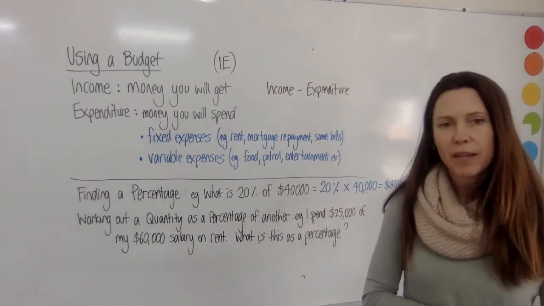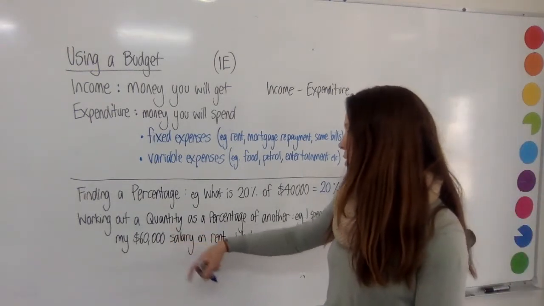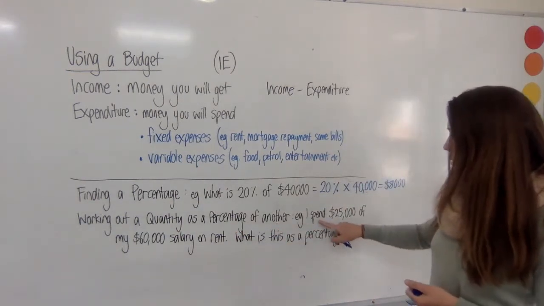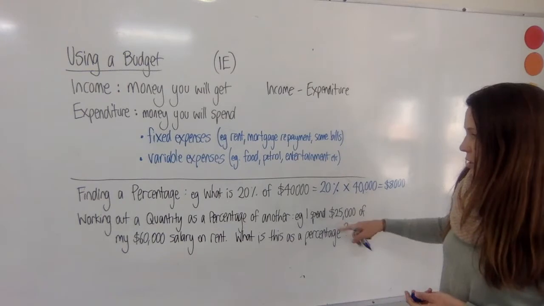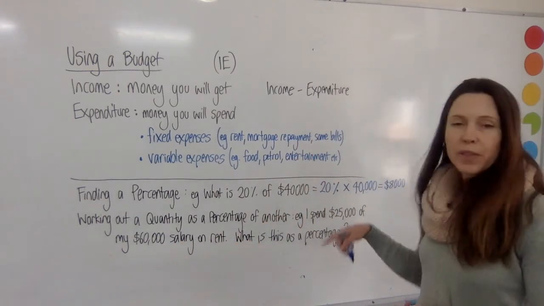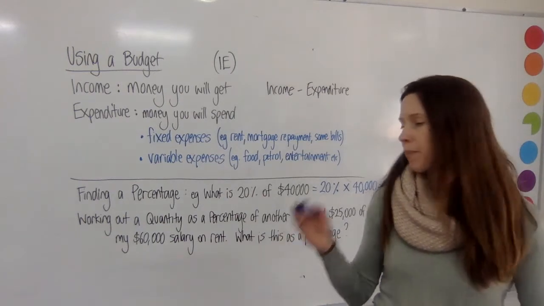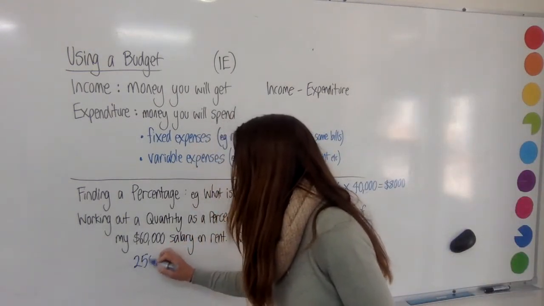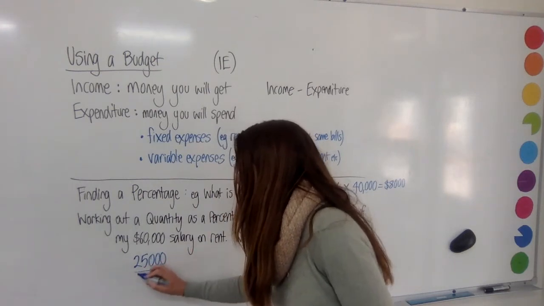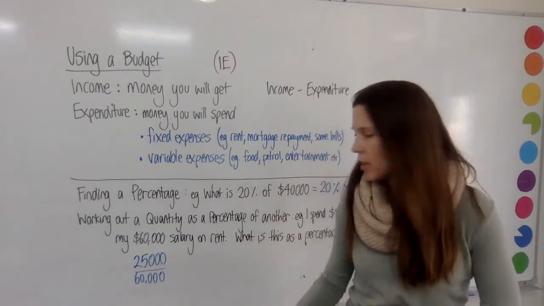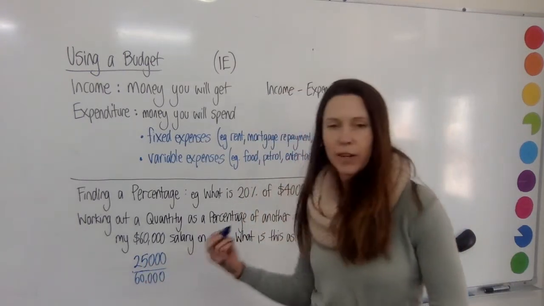There are also some that ask you to work out some quantity as a percentage of another quantity. So for example, if I spend $25,000 of my $60,000 salary on rent, what would this be as a percentage? Well, the way that you do it is you say, all right, it's 25,000 out of 60,000. And as soon as you say that out of, it should remind you to make it into a fraction.